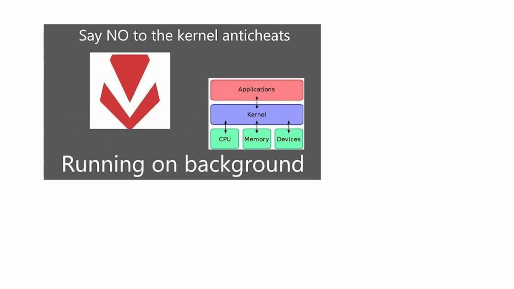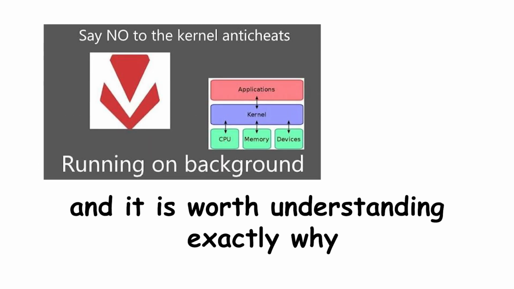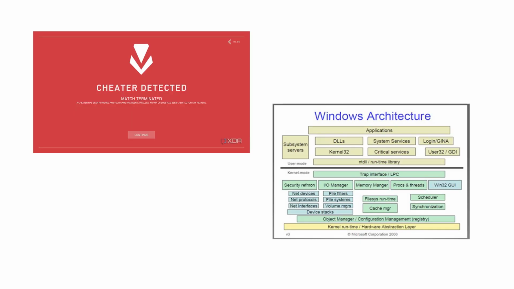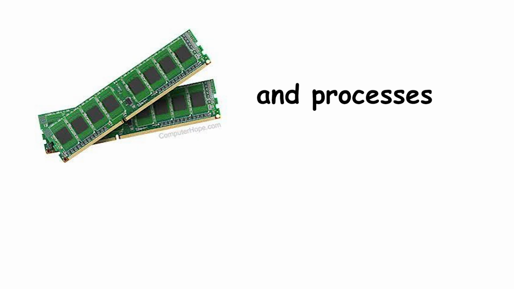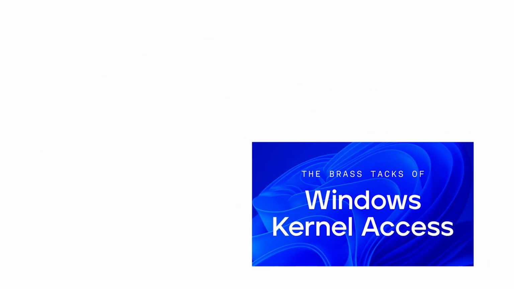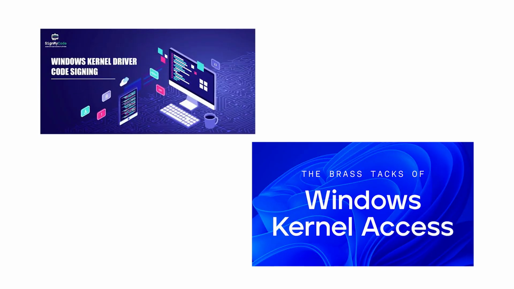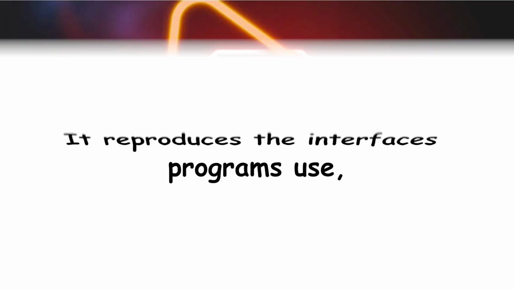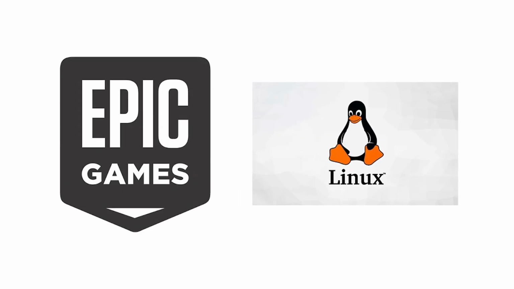The wall is anti-cheat, and it is worth understanding exactly why. Kernel-level anti-cheat loads a driver into the Windows kernel to watch memory and processes. Wine has no Windows kernel to load a driver into. It reproduces the interfaces programs use, not the kernel itself. Epic added Linux support to Easy Anti-Cheat in 2021.